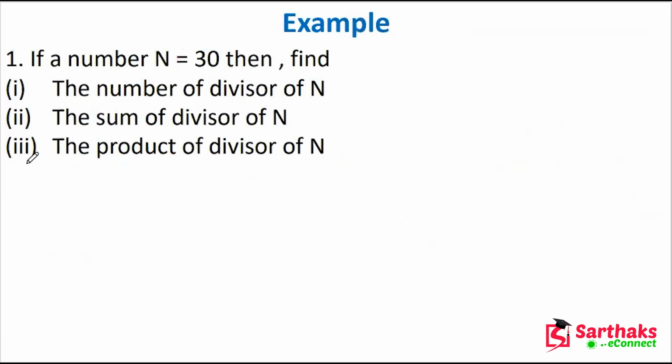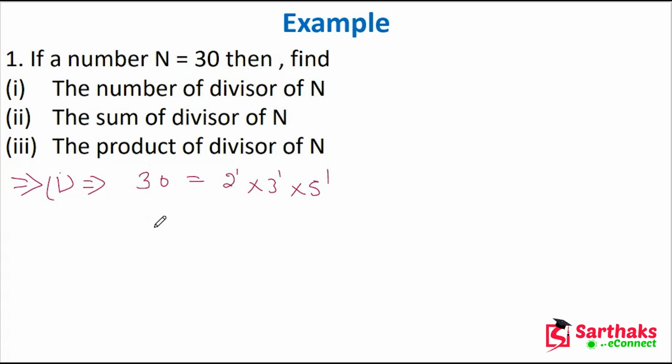Now first of all, we have to find the number of divisors of N. First we find the factors of N. The factors of 30 are 2 raised to power 1, 3 raised to power 1 and 5 raised to power 1.